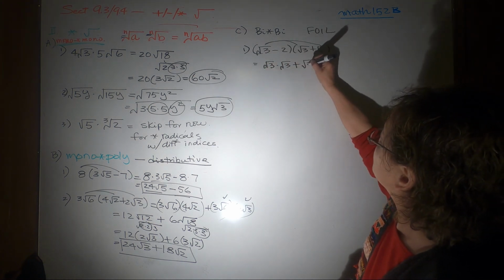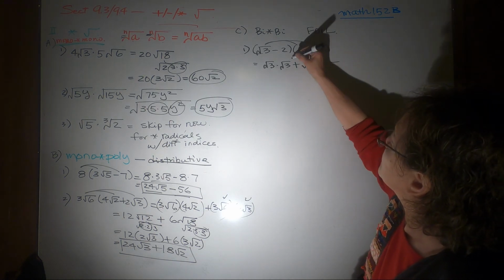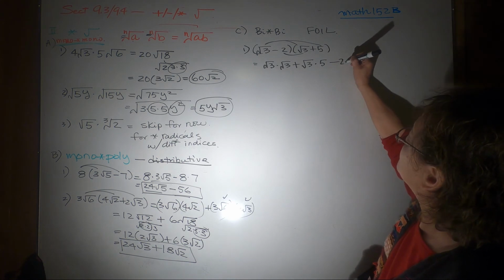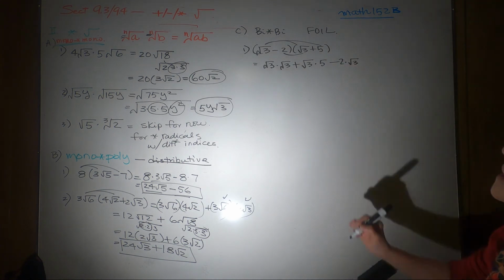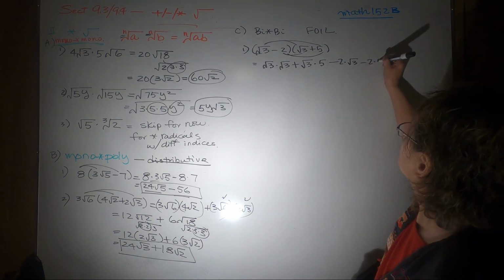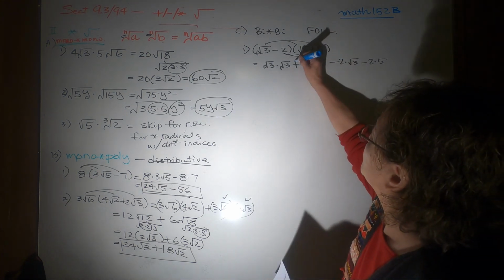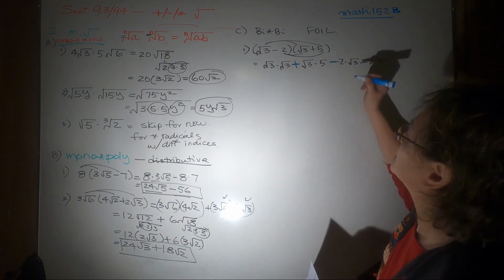Positive square root of 3 times 5. Right? Then next inner become negative 2 times square root of 3. Right? Then last become what? Negative 2 times 5. Right? So each term is separated by your what? Plus minus sign. So, right? They are separated.